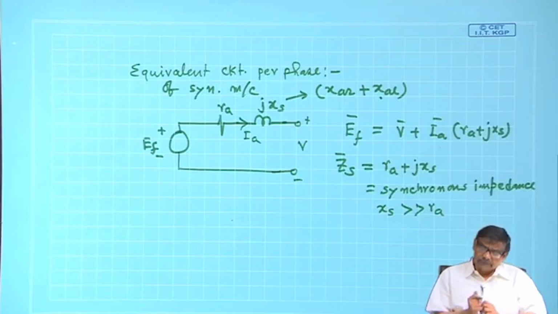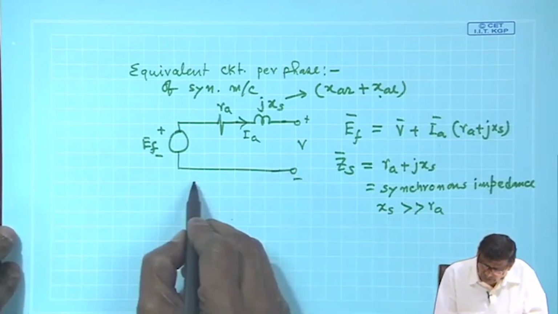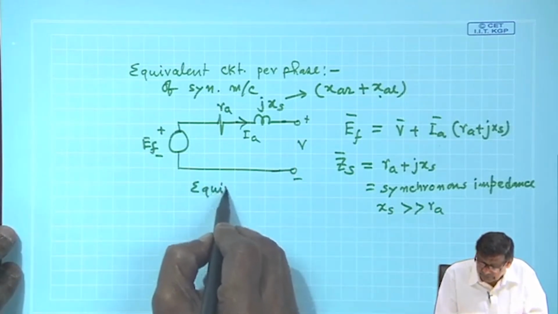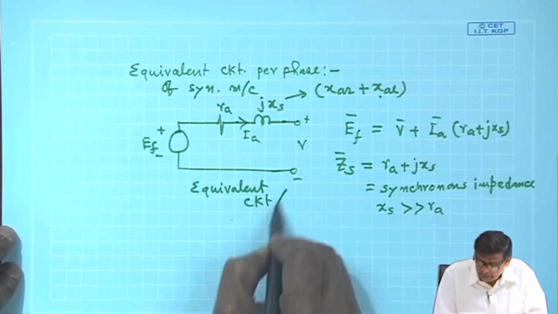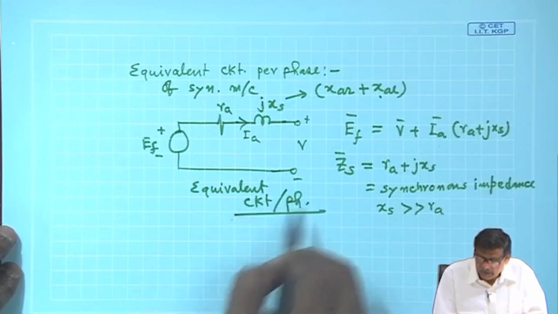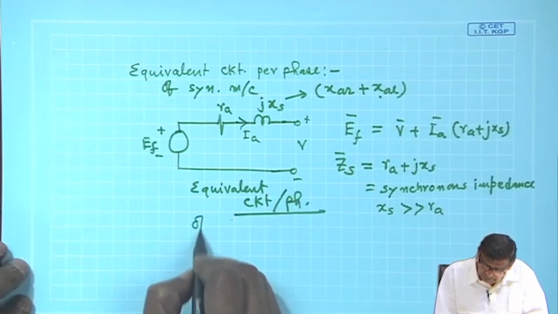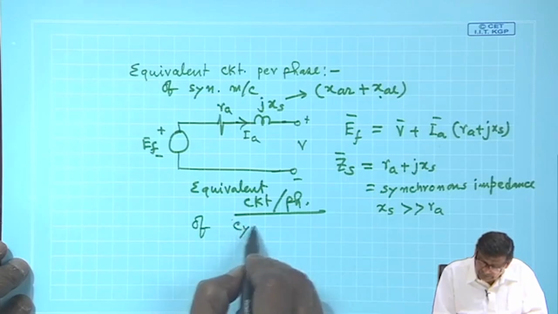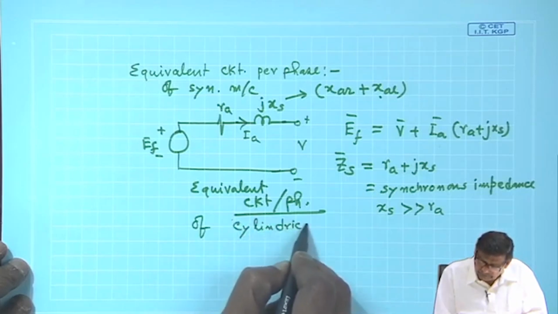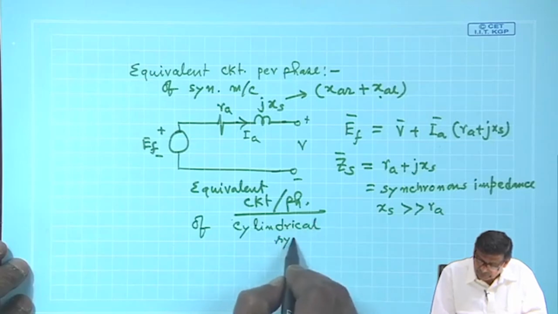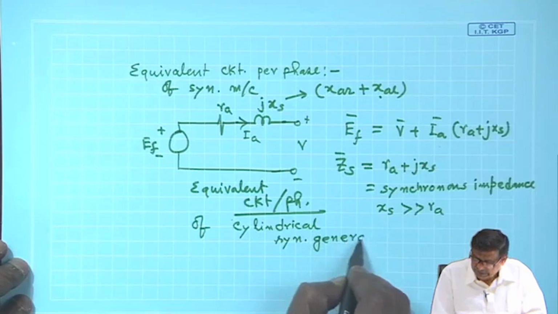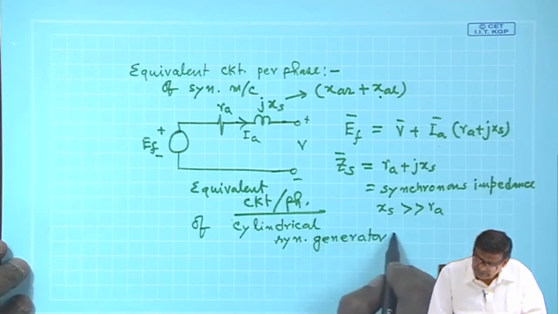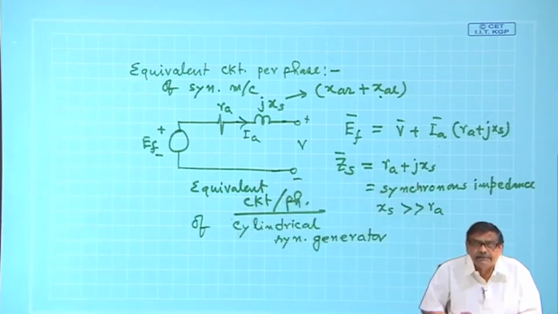Therefore, this is the equivalent circuit per phase of a cylindrical synchronous machine, generator mode, we are considering the synchronous machine operating as a generator.